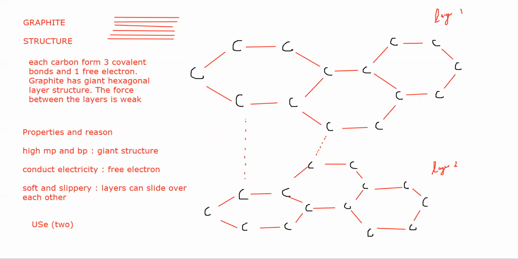The third one is sand, or also called silicon 4 oxide. So what it contains is silicon 4 oxide, the structure. You have silicon. Silicon belongs to group 4. So it can form 4 bonds.